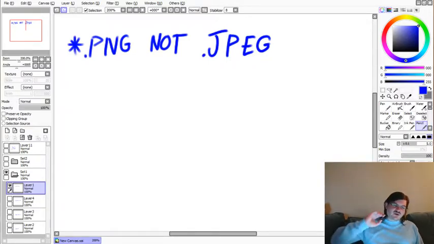Now, if you are commissioning a reference sheet, you must make sure that the reference sheet you get is in PNG. What is also important to note is that when you submit it to the website that you are linking people from, you have to make sure that it also registers it as a PNG.